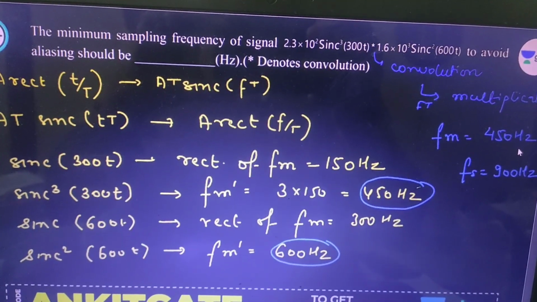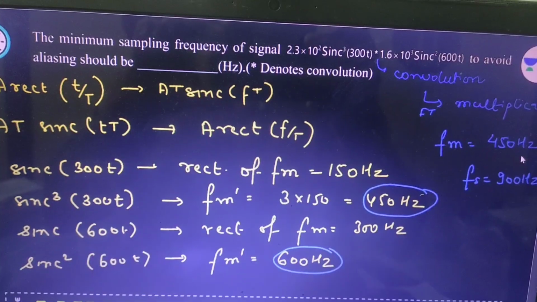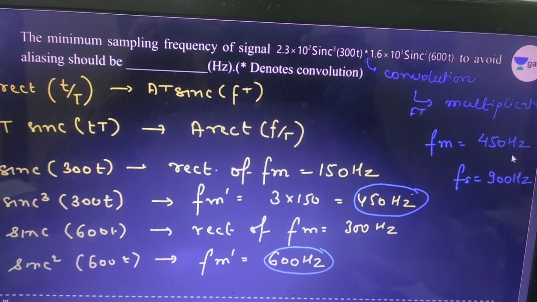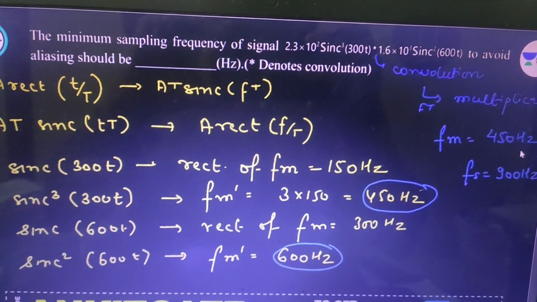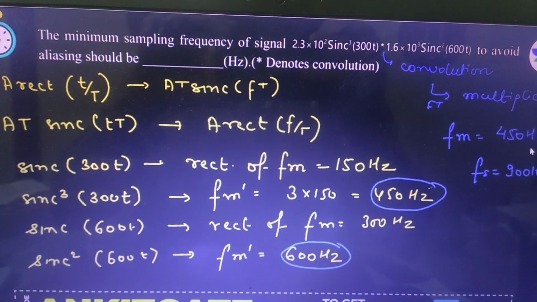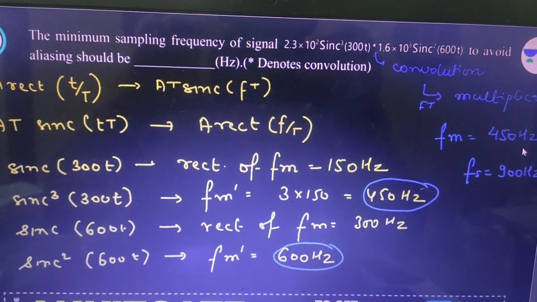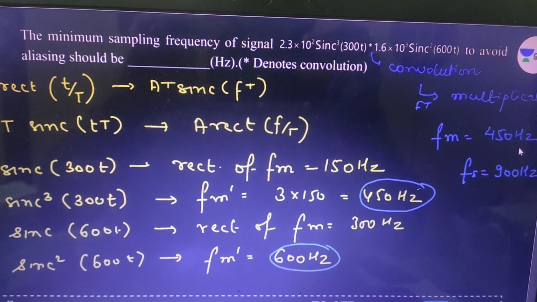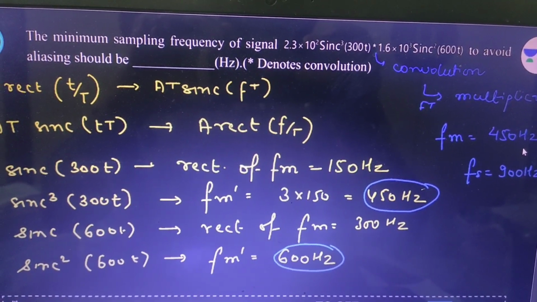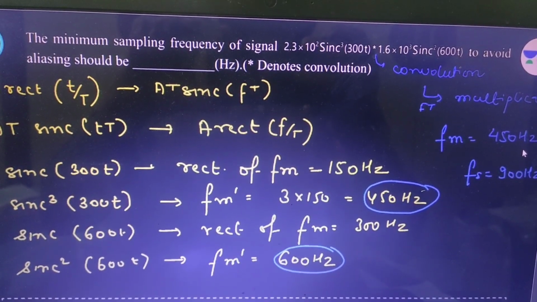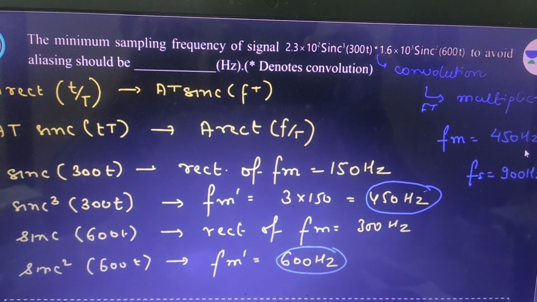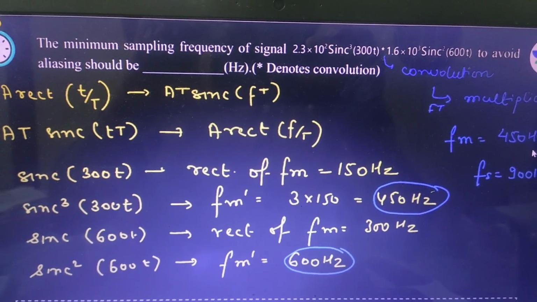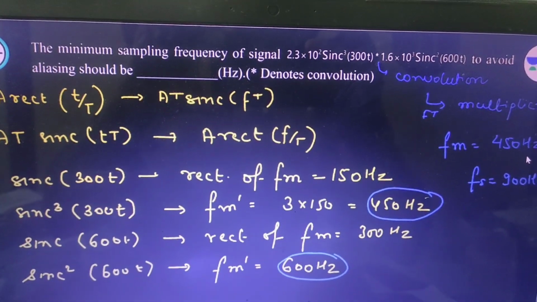When there is multiplication in the frequency domain, we will take the minimum value, that is 450 Hz. Fs is 2 times Fm, so you will get 900 Hz. So convolution in the time domain leads to multiplication in the frequency domain, and in multiplication you will take the minimum value of frequency.